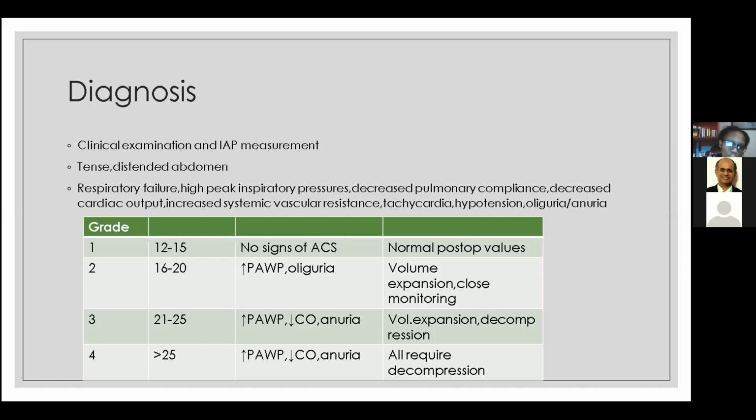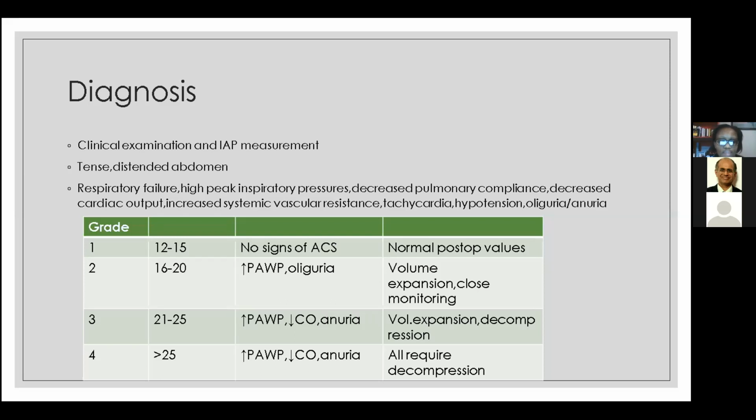It has changed from the previous readings, the previous text that I have read, but currently grade 1 is 12 to 15 millimeters of mercury, grade 2, 16 to 20, grade 3, 21 to 25, and grade 4 when the pressures are more than 25.